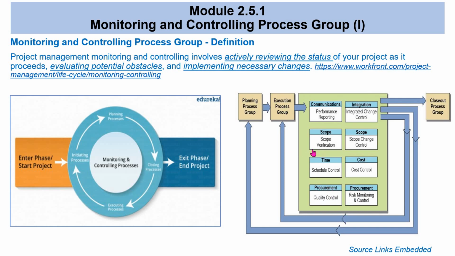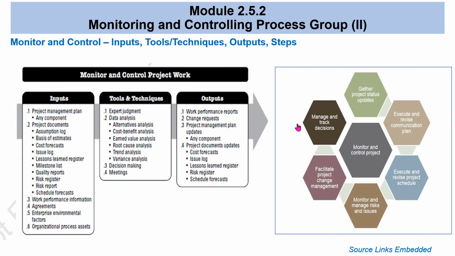So when you talk about monitoring and control, you practically look at outputs like what are the reports that I get, check against whether they're going according to plan, and what are the change requests and how do I manage them. The project management plan: should it be updated because maybe there's a change request that got approved?